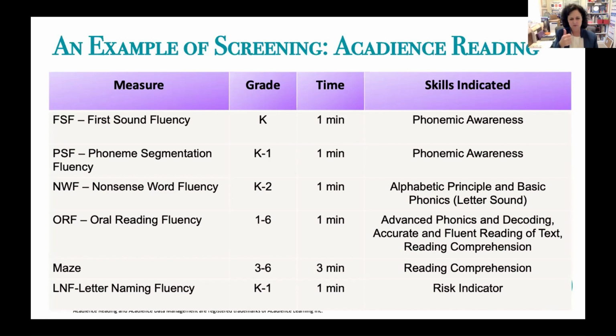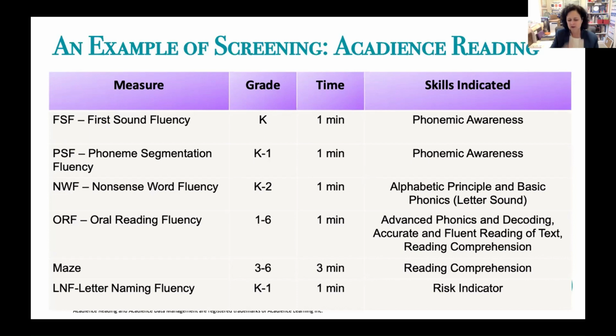These are brief. These are reliable and valid. There's 30 years plus of research on their use and development. They are indicators of these essential skill areas, and perhaps more importantly, they are predictors of future reading comprehension. This is why they work so well in the early grades, even beyond 2nd grade. We'll talk about that in just a second.